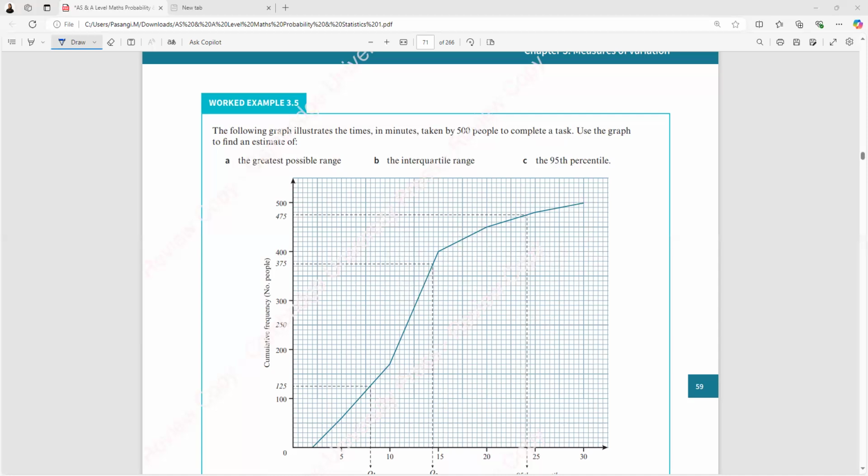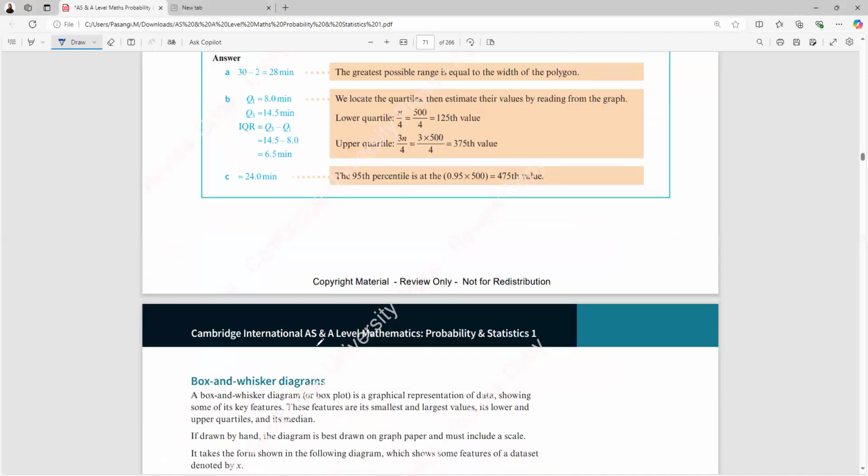Okay, teacher. Okay, that's also done. Then all the values are done, right?